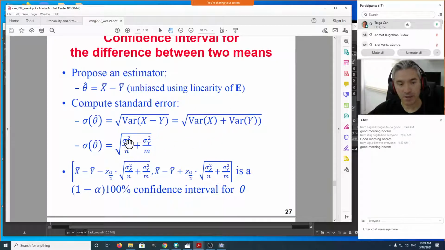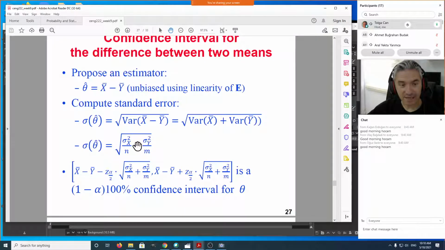In other words, inside the square root we have the population variance of x and the population variance of y, each divided by the sample sizes, and we take the square root of that. This becomes our standard error.